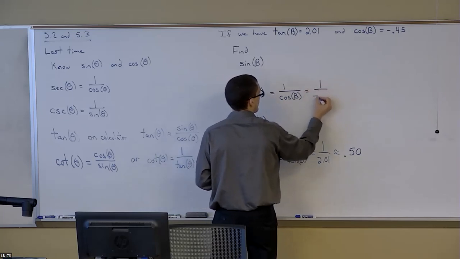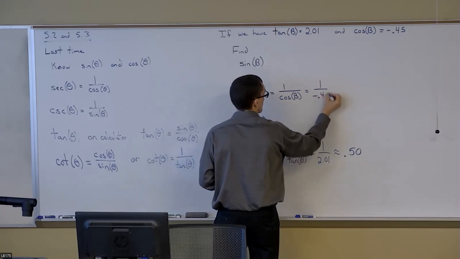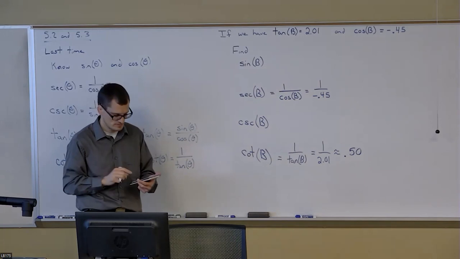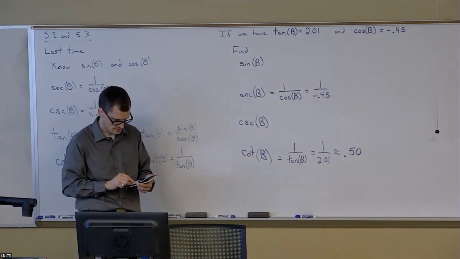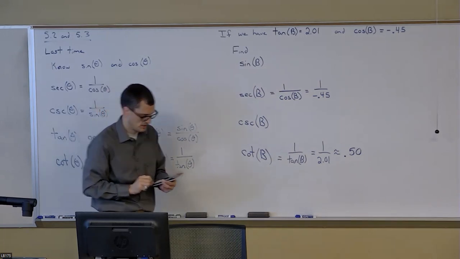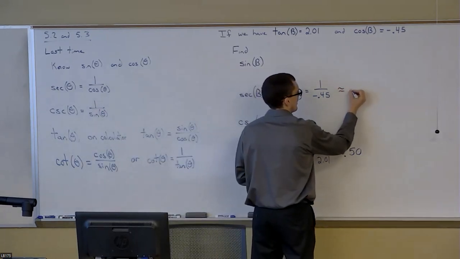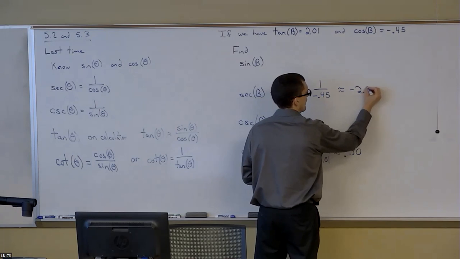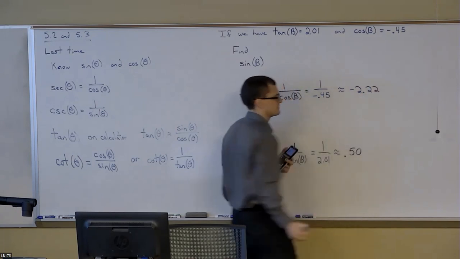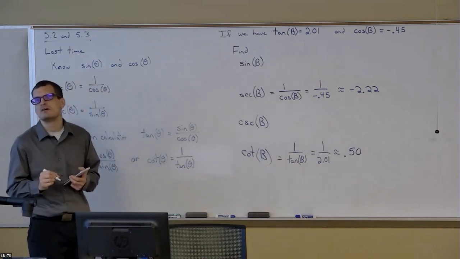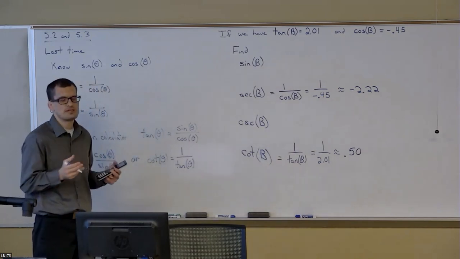So 1 over negative 0.45 gives you a negative 2.22. Lots of twos there. So that was pretty straightforward too.